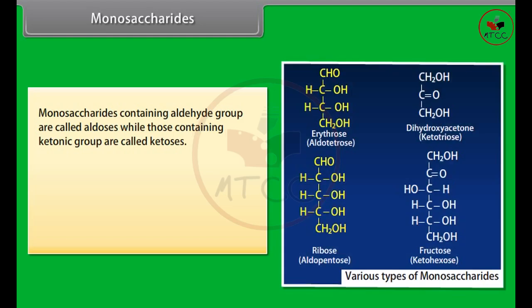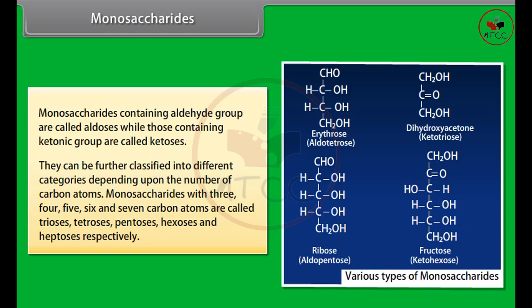Monosaccharides containing an aldehyde group are called aldoses, while those containing a ketonic group are called ketoses. They can be further classified into different categories depending upon the number of carbon atoms. Monosaccharides with 3, 4, 5, 6 and 7 carbon atoms are called trioses, tetroses, pentoses, hexoses and heptoses respectively.